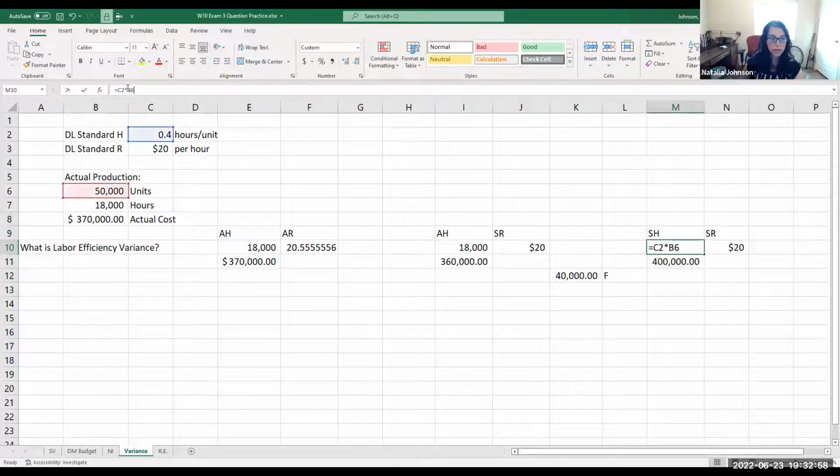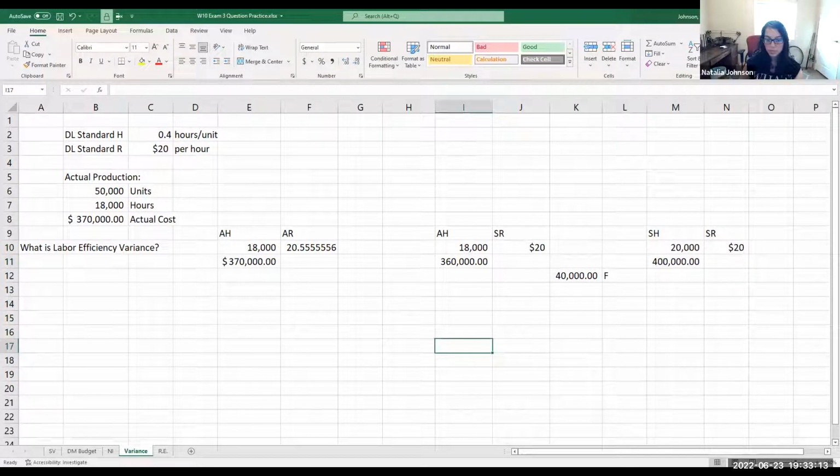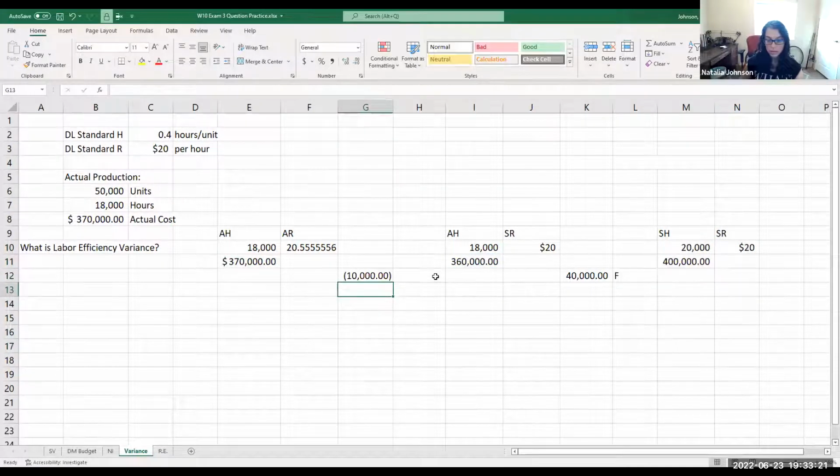So you multiply the standard hours per unit times the actual units that they sold, 50,000. And then you get the 20,000. And if they would ask for the rate variance, we would do this one minus 370,000, and it's unfavorable because they spent more than the second column.